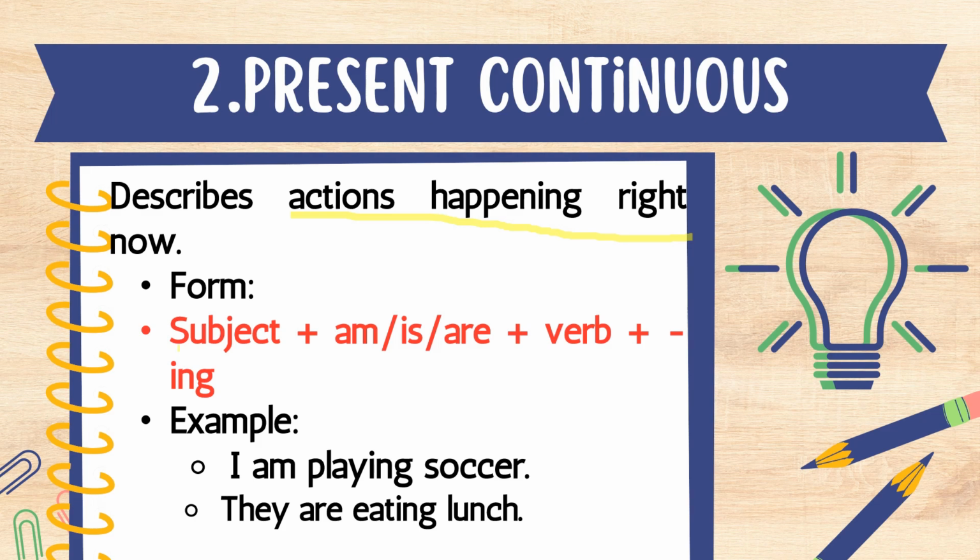You should have a subject, and after the subject there should be am, is or are, these types of words, and then you combine it with your verb and then the ing form. This is a little bit long, but with practice you will understand it. Subject plus is, am, are plus verb plus ing form.